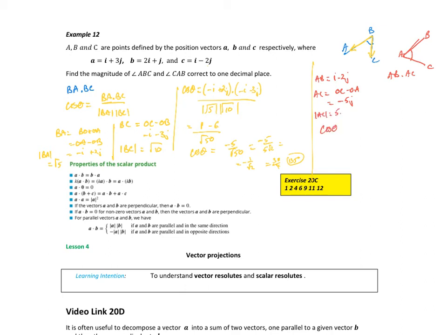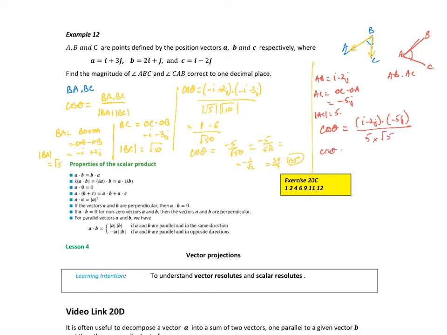So cos theta is equal to A dot B over the magnitudes. So we've got I minus 2j dot negative 5j over the magnitude, so it's 5 times the magnitude of AB, which we said was root 5.